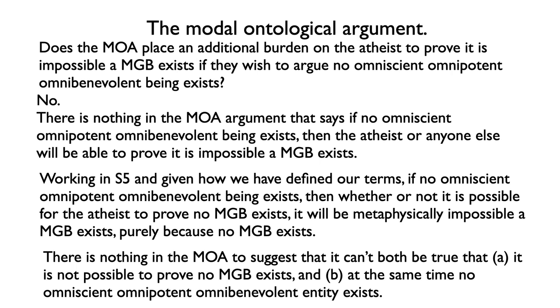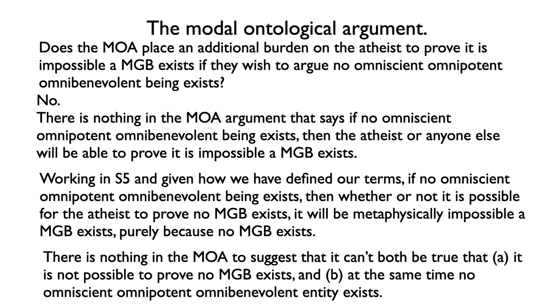There is nothing in the modal ontological argument to suggest that it can't both be true that A, it is not possible to prove no max great being exists, and yet B, at the same time, no omniscient, omnipotent, omnibenevolent entity exists. So even if somehow we were able to establish it is not possible to prove no max great being exists, it would not follow that an omniscient, omnipotent, omnibenevolent being must exist.